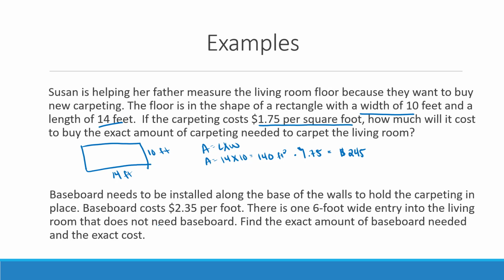Now this same room needs baseboard installed around the base of the walls to hold the carpeting in place. Baseboard costs $2.35 per square foot. There's one 6-foot wide entry that does not need baseboard. Find the exact amount of baseboard needed and the exact cost. So again, think about what you are looking for here.